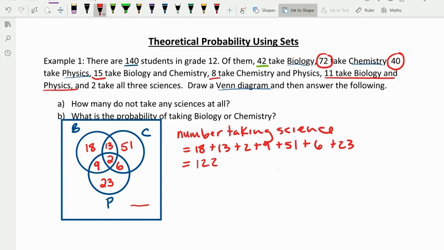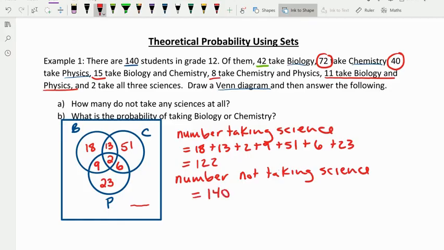So the number that are not taking science, 140 minus 122 equals 18, and we're going to put that 18 on the outside.